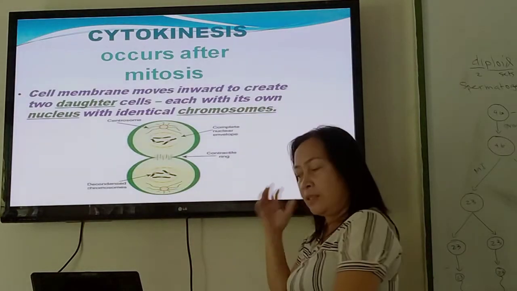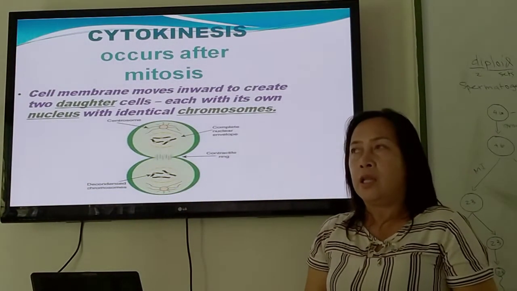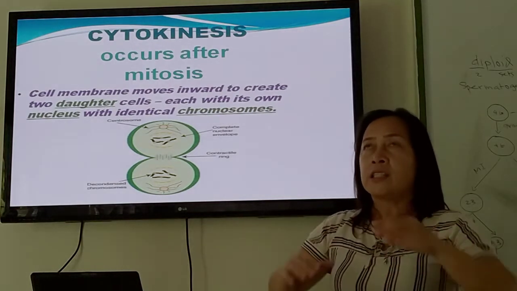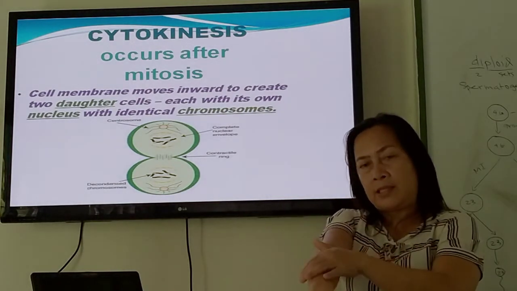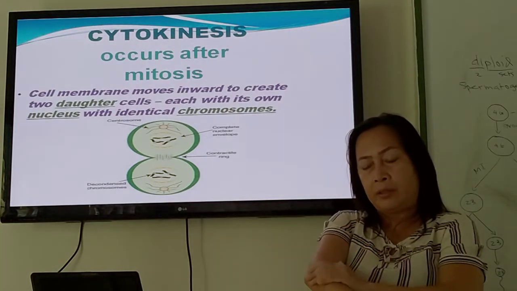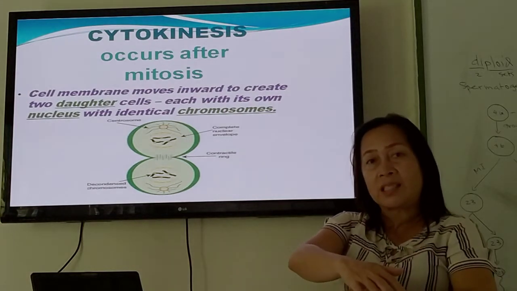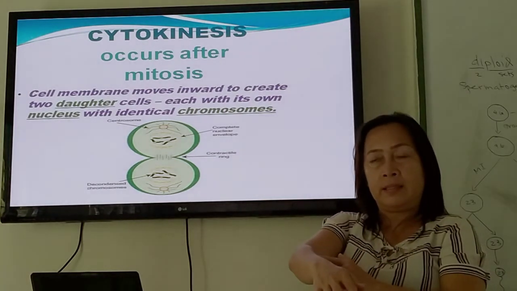Now, that is what happens in skin cells. They keep dividing and dividing. Okay? Now, when the skin cells are shed off, actually, those dead cells that are shed off are exactly the same as the new cells formed in our skin.